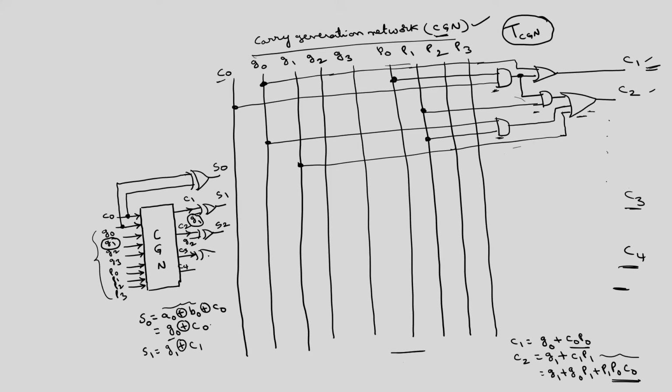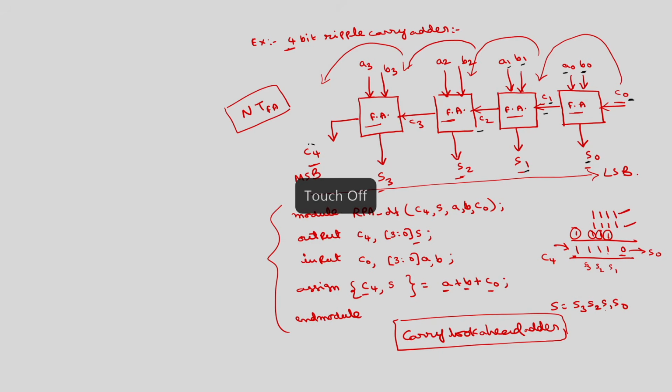C3 if you exclusive OR with G3, you will get S3, and C4 is the final carry output. Okay. So, C4 is the final output, and the sum bits are S3, S2, S1, S0.